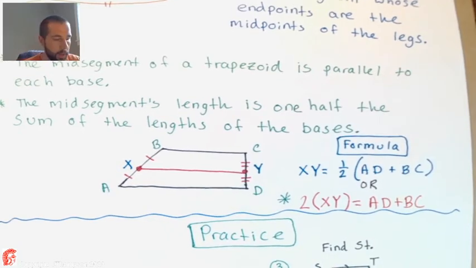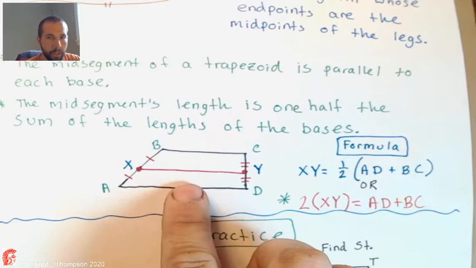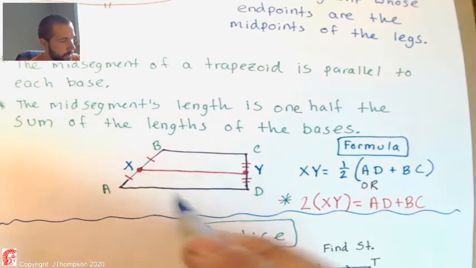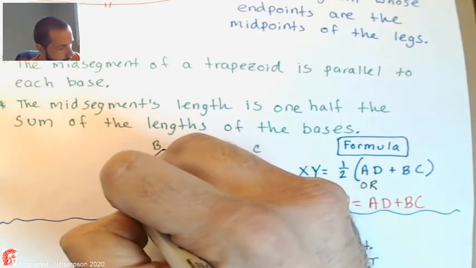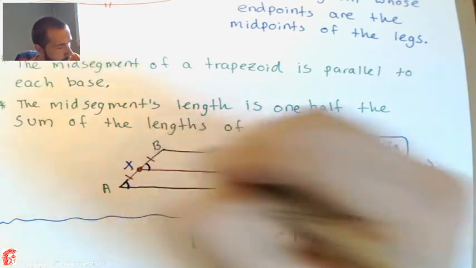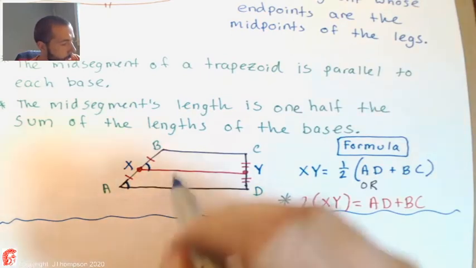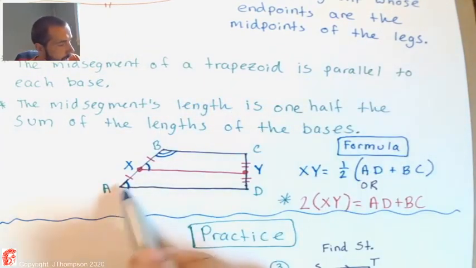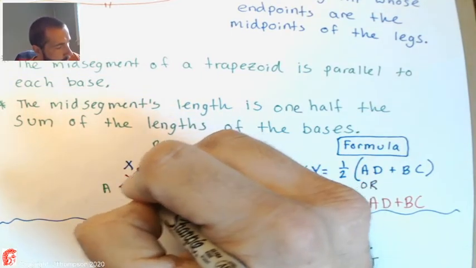Okay. I'm just going to make some markings on this picture as well. Just as a reminder, whenever you have parallel lines, the corresponding angles are congruent. So in this case, angle A corresponds to angle BXY, so those are congruent to each other. Angle B is corresponding with angle AXY, so those two are congruent.